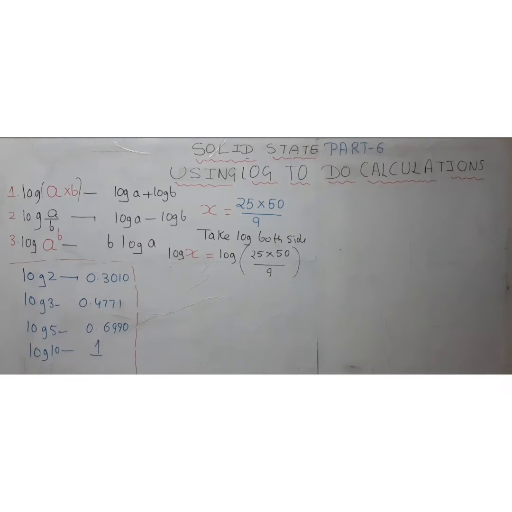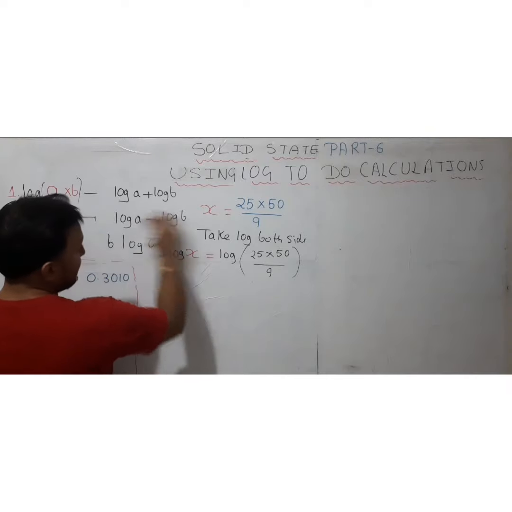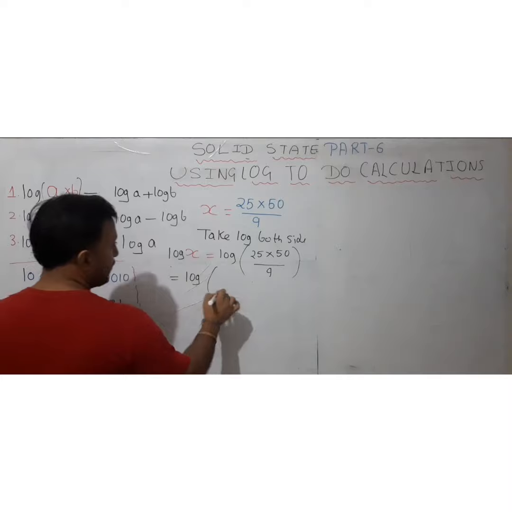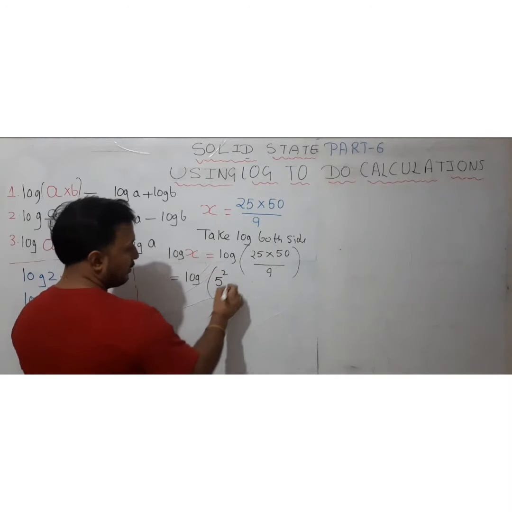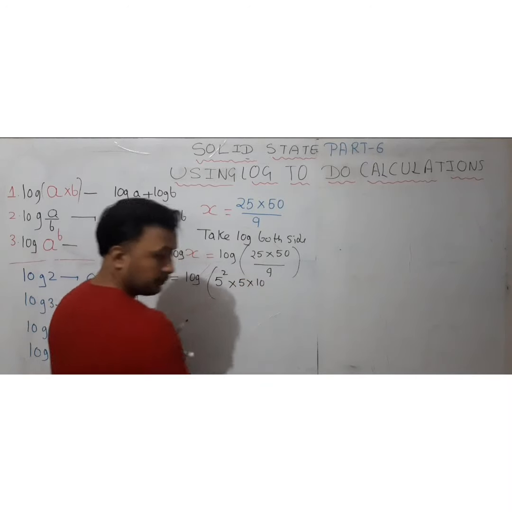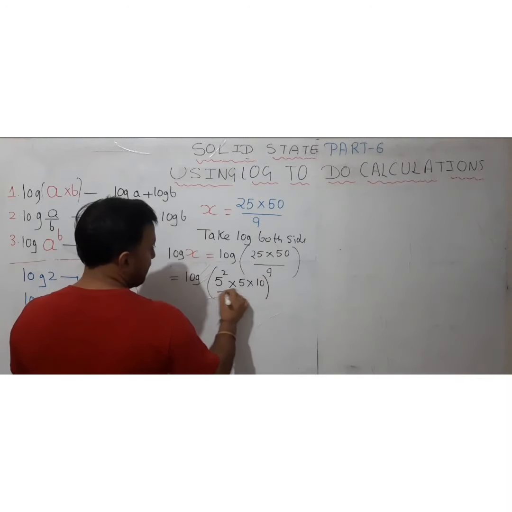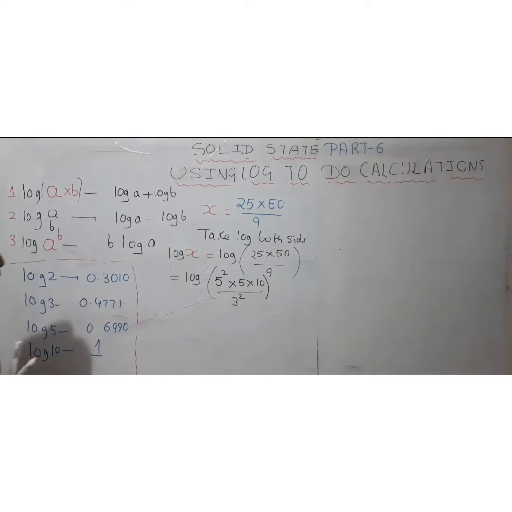Okay, now we will be using these identities, but before applying them I will do some more things: 25 can be written as 5 square, 50 can be simplified as 5 into 10. Okay, then divided by 9, which can be written as 3 square.